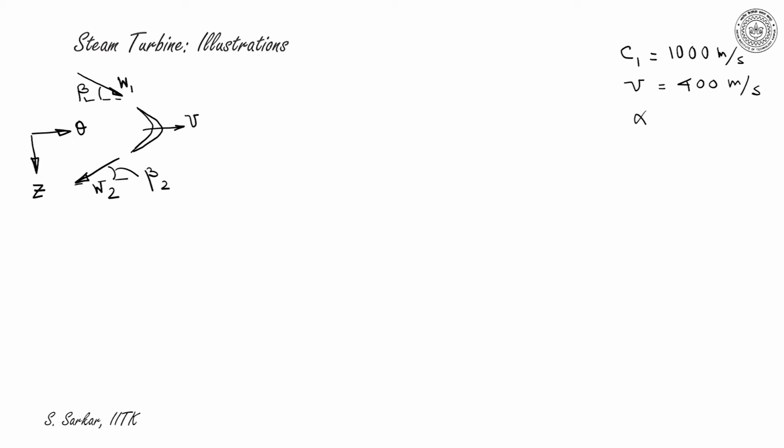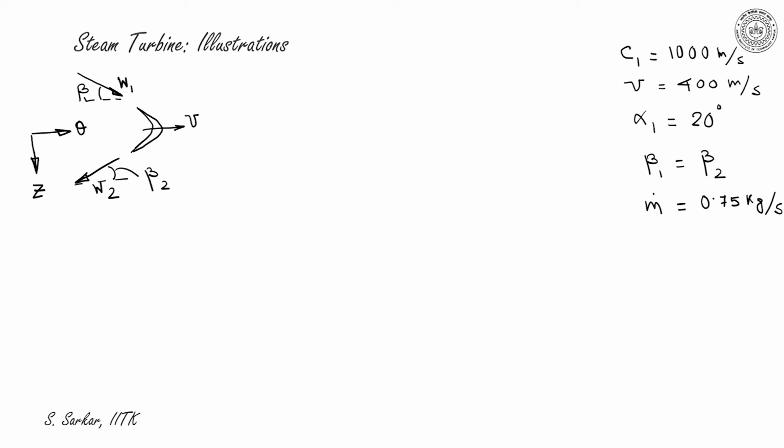Alpha 1 is 20 degrees. Blades are symmetrical, hence beta 1 must be equal to beta 2. Mass flow rate to the turbine m dot is given as 0.75 kg per second. So these are the quantities given.